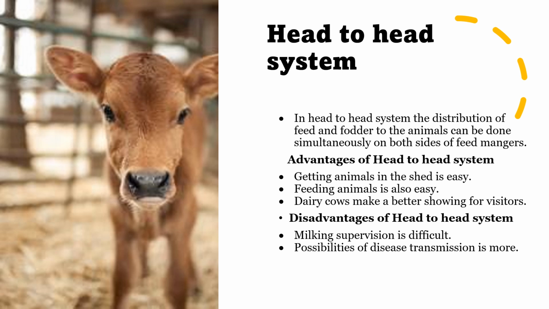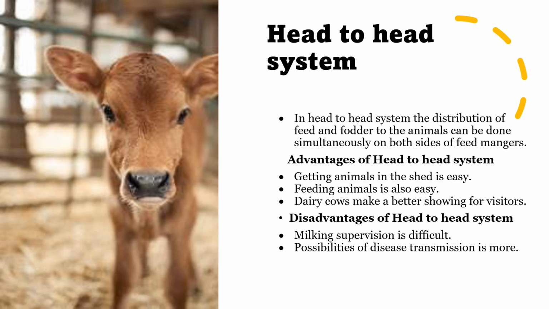But in the tail to tail system, the animals can't be seen with their faces, as the faces of the animals are facing towards the walls. In the head to head system, the animals can be seen very easily when visitors enter the middle passage of the shed. So these are all the various advantages of a head to head system.